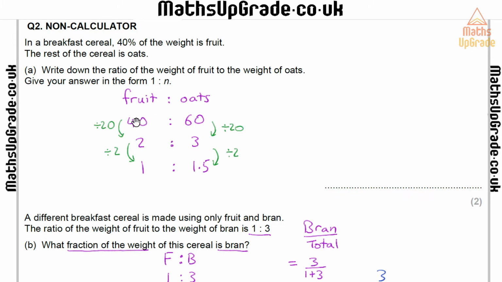To get 40 divided by 40, I can just do divided by 20 and divided by 2. So to divide by 20, I divide this side by 20, which is 3, and to divide by 2, I divide this side by 2, which is 1.5. I could have divided it all by 40 in one step, but since it's a non-calculated question, that's not very straightforward to do with just 60. So the answer is 1 to 1.5, and that's 2 marks.